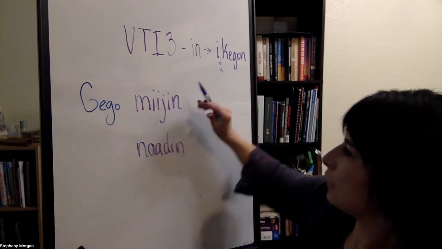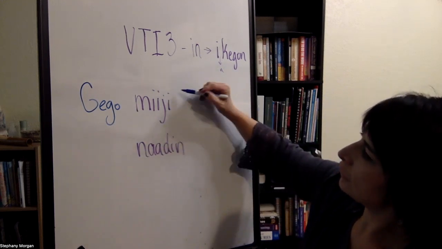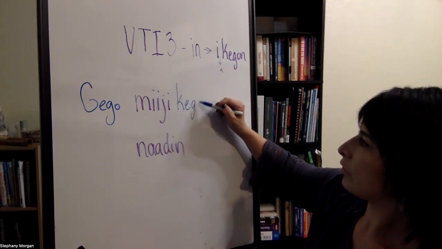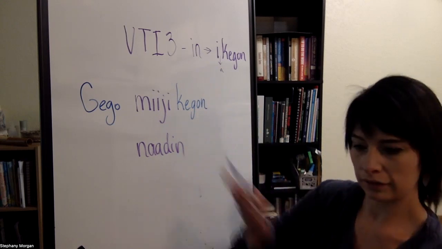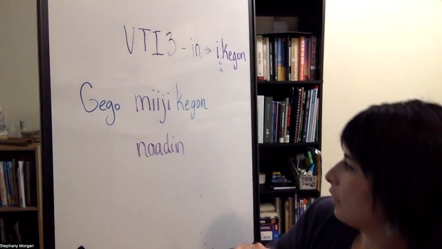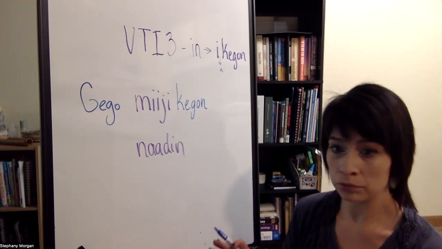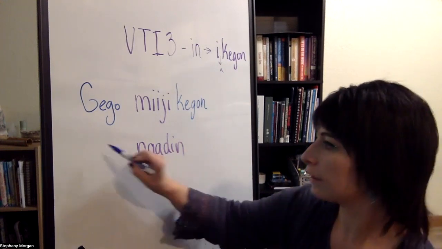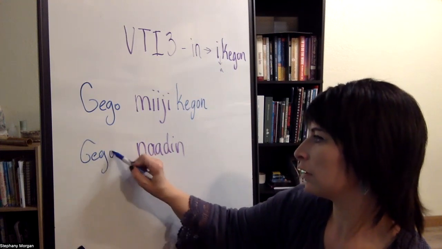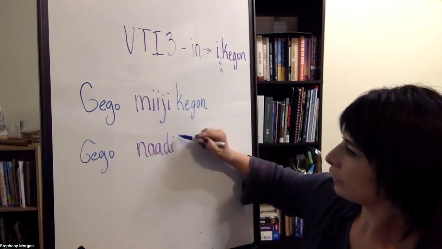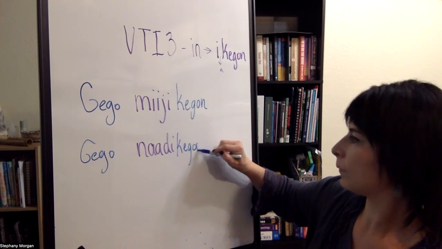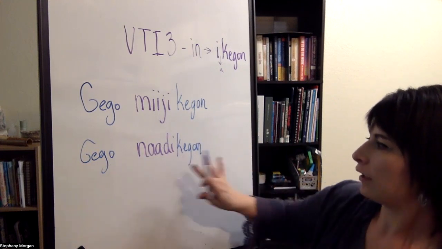Okay, go, midig, and the end falls off. Okay, good. Don't eat it. Or, don't you guys go get it. That ball rolled across the road. Don't go get it. Okay, go, nodig, and the end falls off. Okay, good.